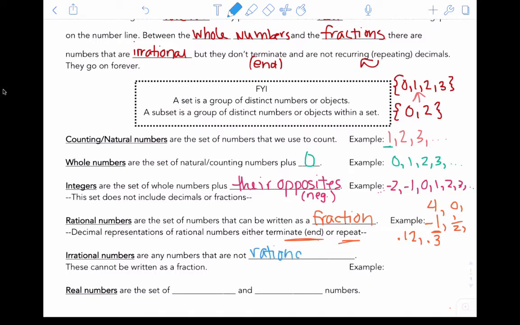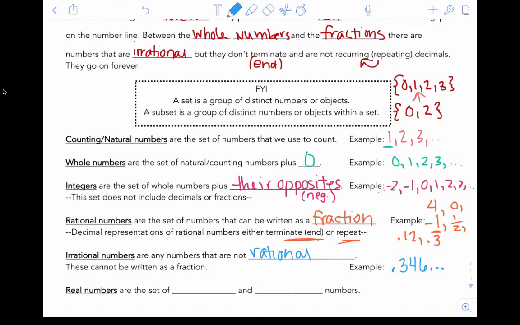If we think about what irrational means, the prefix ir means not, and then I have rational, so not rational. So these are just numbers that cannot be written as a fraction. So my example that I had just had up here was something like 0.346... There's no pattern, there's no end to that decimal.